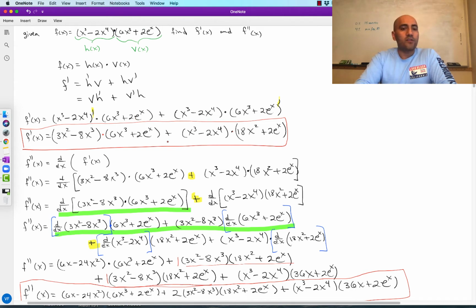Then to find the second derivative, we find the derivative of the first derivative. It's this crazy long thing, and we just end up applying the product rule twice. And this is our final answer here. Okay, product rule.